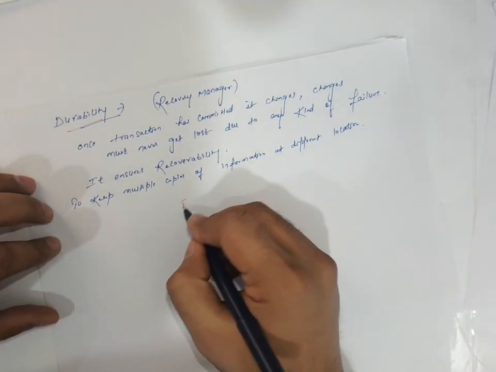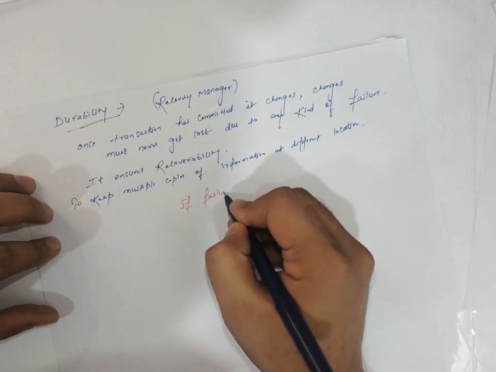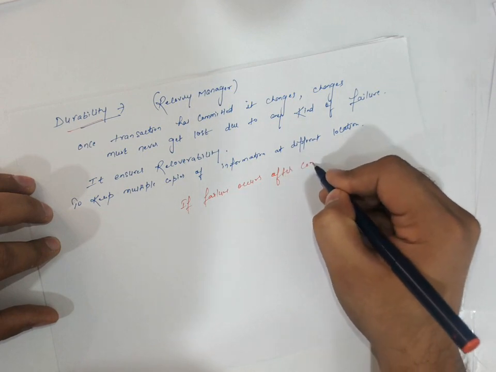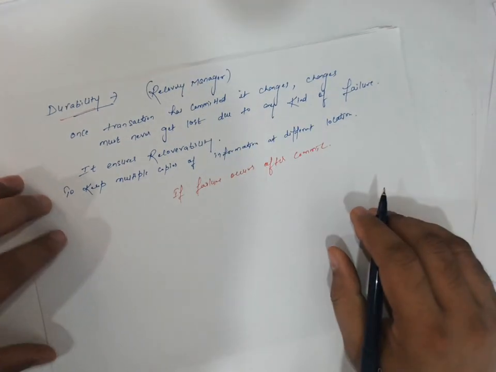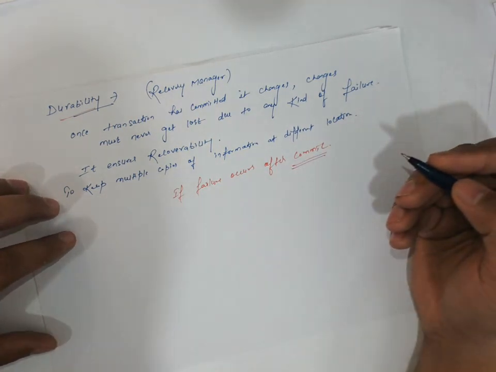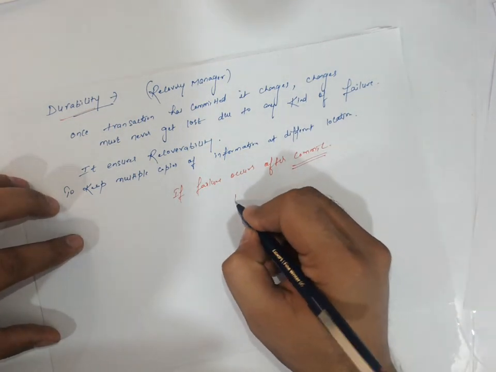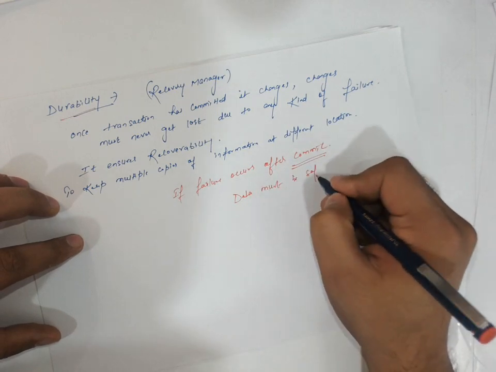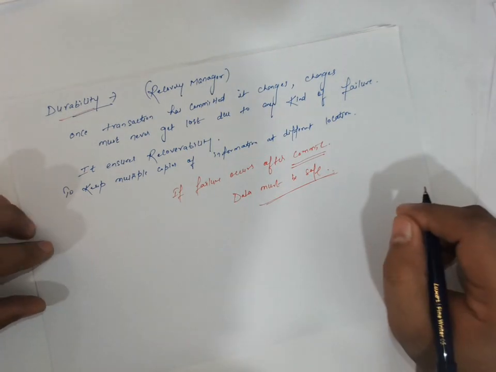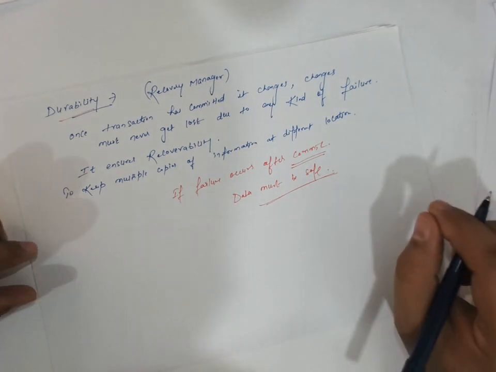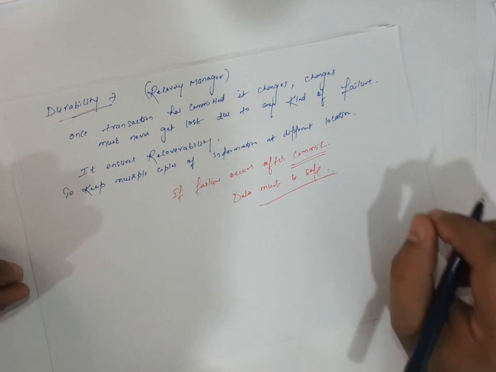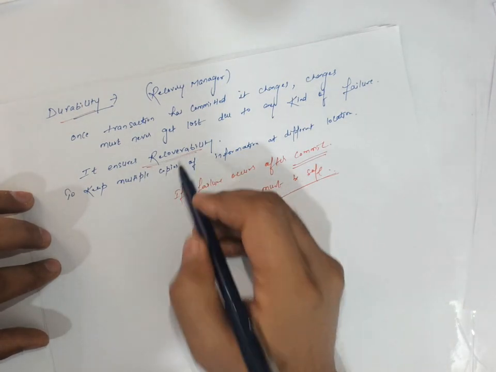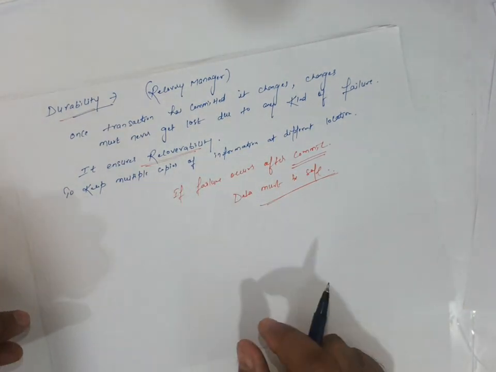If a failure occurs after commit, your data must be safe. Your data is there within the system. Once a transaction has committed its changes, the changes must never get lost due to any kind of failure. And this property of a database is ensured by recoverability.